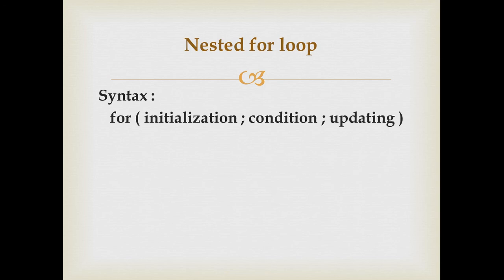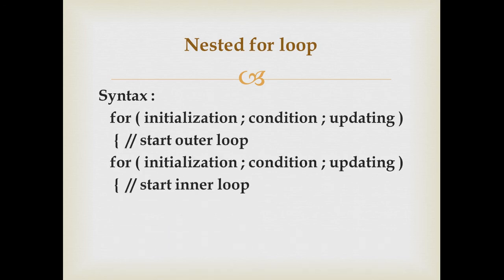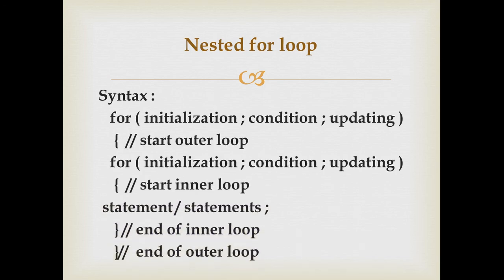Here is the syntax of a nested for loop. Here you can see the first for loop: this is the opening of the first for loop, the starting of the outer loop. Here the outer loop ends. Here is the inner loop. You can see that the inner loop is present inside the body of the outer loop.